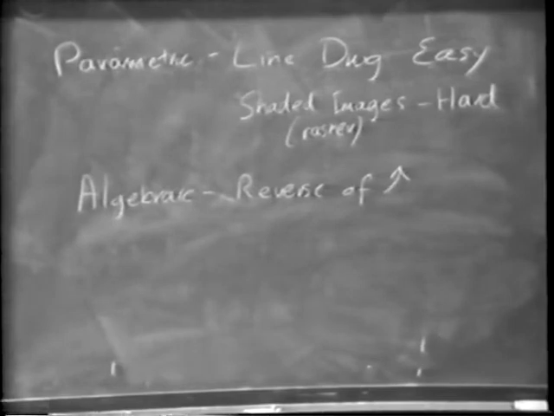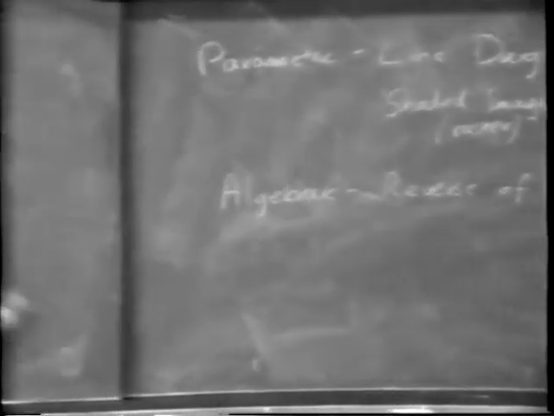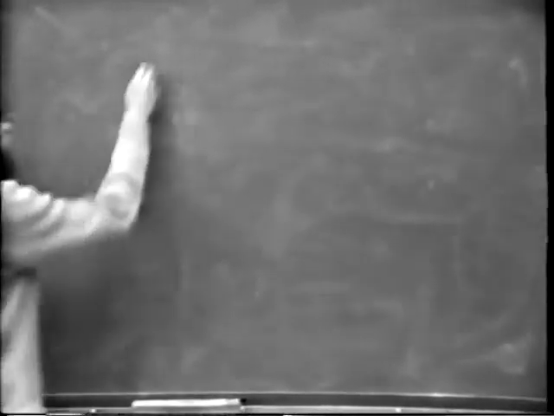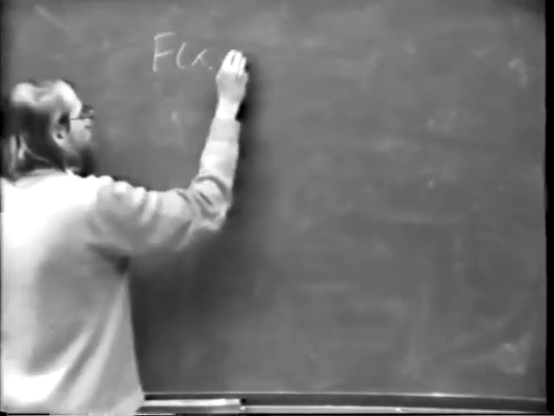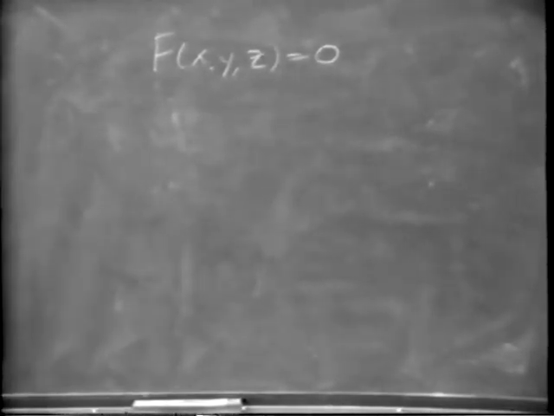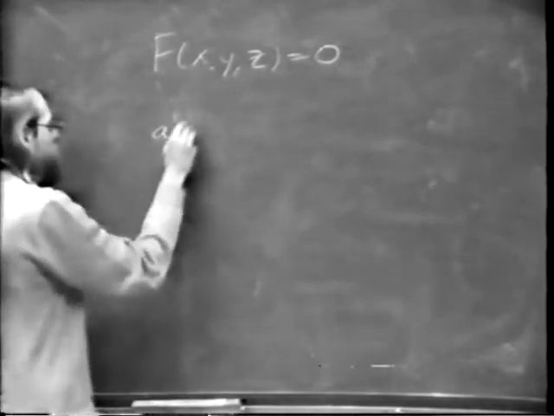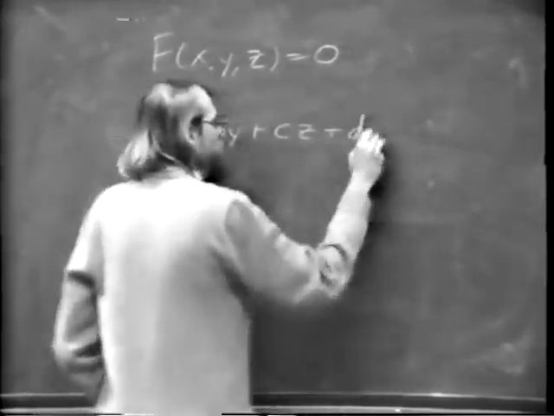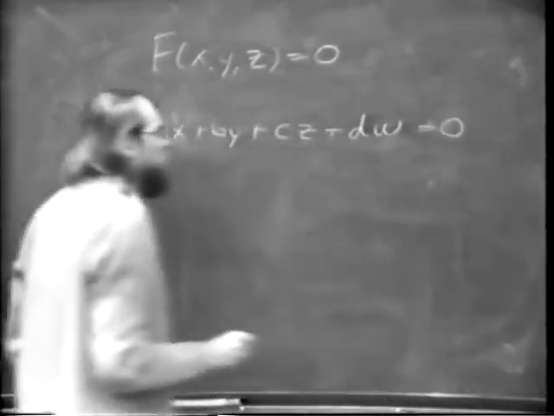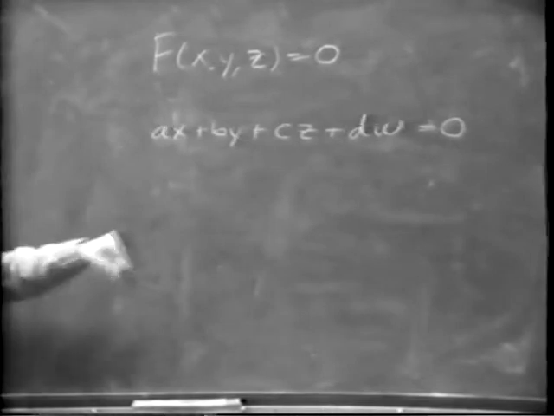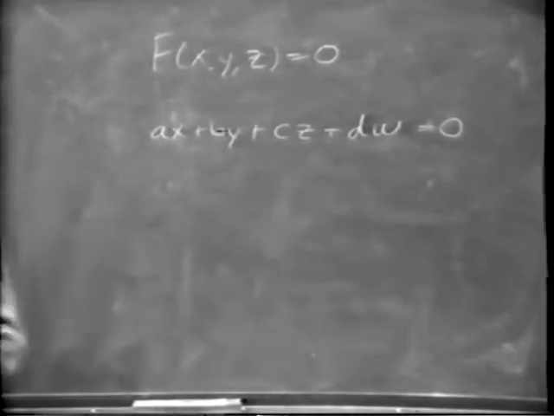Now, for the algebraic curves, you can use any function you like for this f of x, y, and z. One that you've probably already played around with is just a linear function. I'll start tossing w's in here, so we'll be using homogeneous coordinates. Linear function of x, y, z, and w.